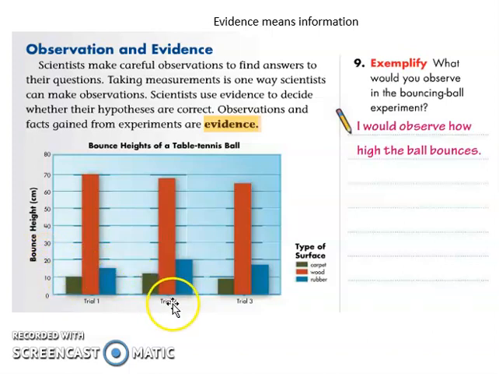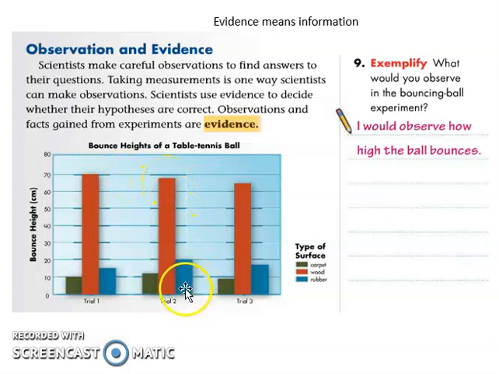In trial number 2, they test it a second time. The ball bounces on carpet higher than 10, so maybe this is 11. Now, on the wood, it becomes around 68 because it's under 70, so 68 or 69.